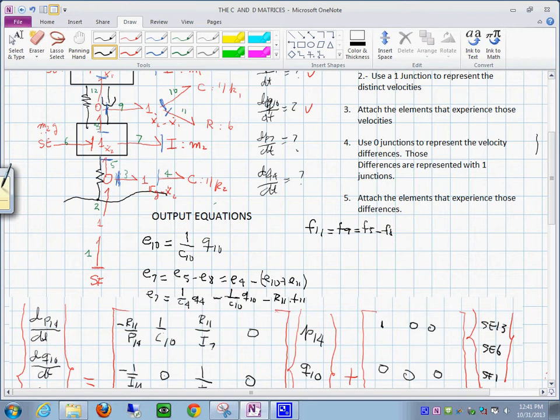But in here F sub 5 is f3, and f3 is equal to f sub 4. Yeah, so this is no, f sub 5 is f1 minus f3. This is f sub 1 minus f sub 3.